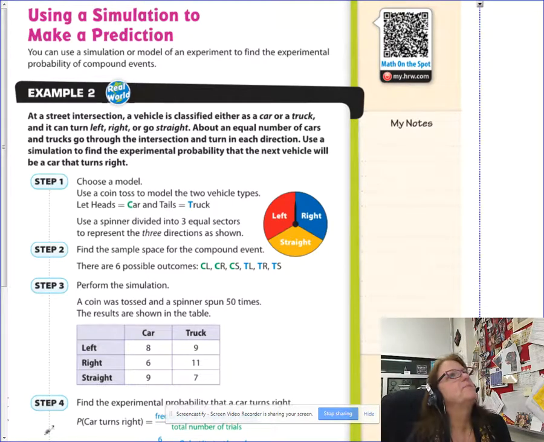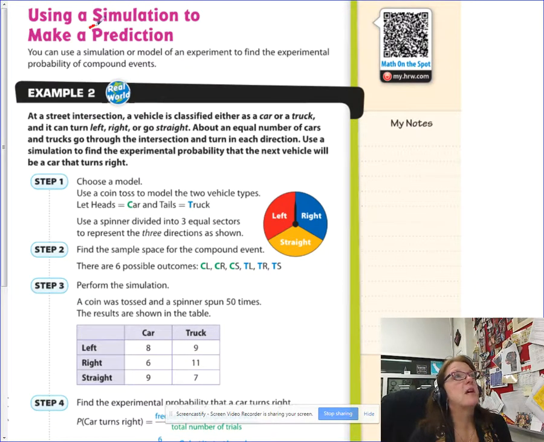Okay? Now, sometimes they might ask you to pick a simulation that you could use. So, for example, here's what they're talking about. The scenario is this, that you either have a car or a truck. Okay, you have a certain vehicle. So as you look at the table, jump ahead here.